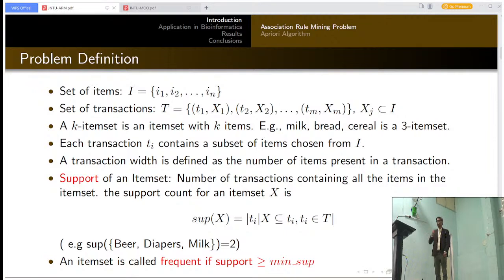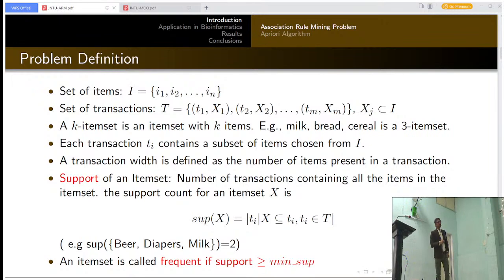Our job is to find out all the frequent item sets from the data set. So that's the first step that we have to do for association rule mining.